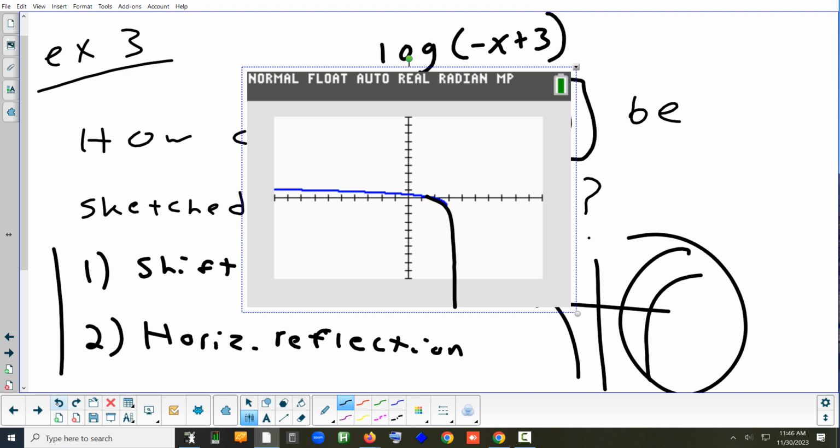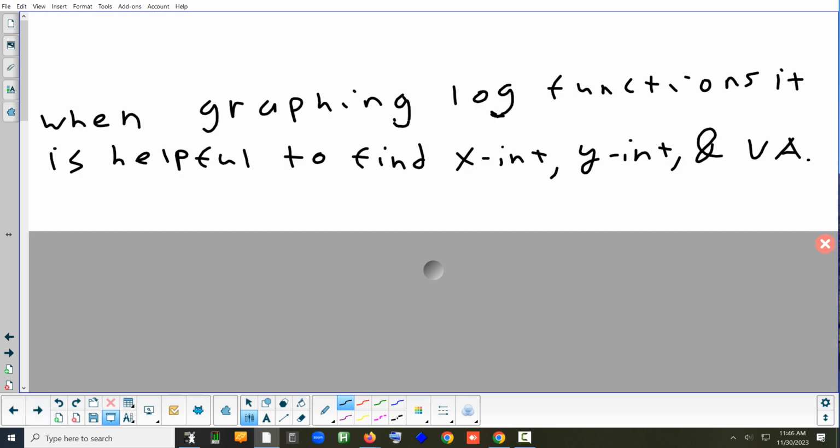That's why sometimes it's easier to just sketch it on the calculator, then you can see what it looks like. And really, if you're trying to figure out what it looks like, you should just make a good sketch of it anyway, and that's what I'm going to show you how to do. If you try to do all the transformations in your head, like, it's going to shift, it's going to flip, and then it reflects, it's hard to keep track of that.